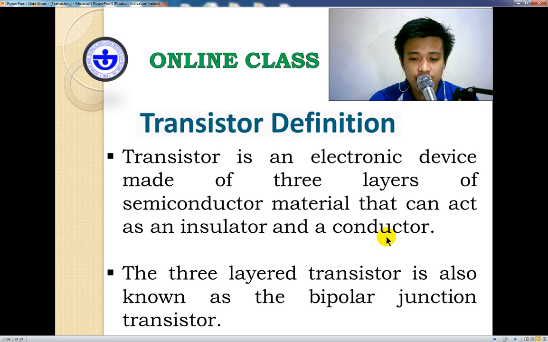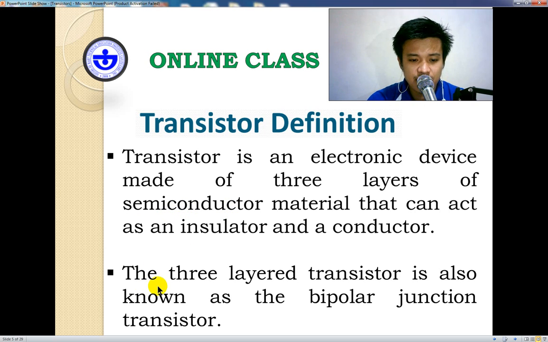I already discussed this in my previous video, what a semiconductor is. So if you are not familiar with semiconductors, please go watch my previous tutorial video, where I discussed what a semiconductor is, so that you will learn about it.